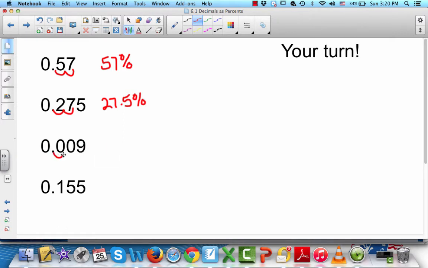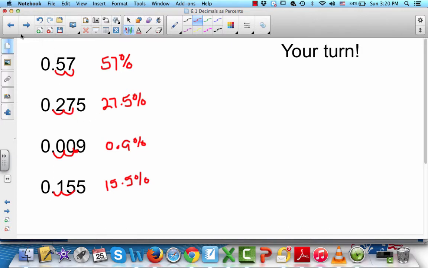And here we go, 2 places to the right, and our answer is going to be 0.9%. You see that? See, the decimal is right here in front of the 9. And then finally down here, we're going to go 2 places to the right, and our answer is going to be 15.5%. How did you do on that? I hope that you got all of them correct.